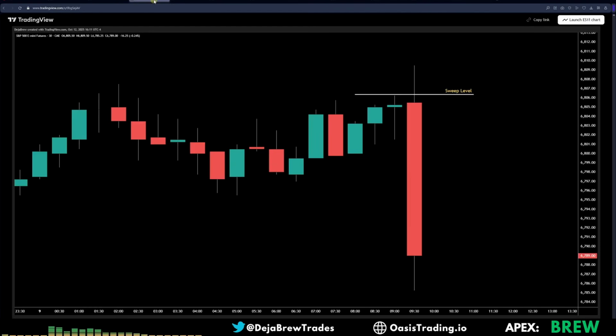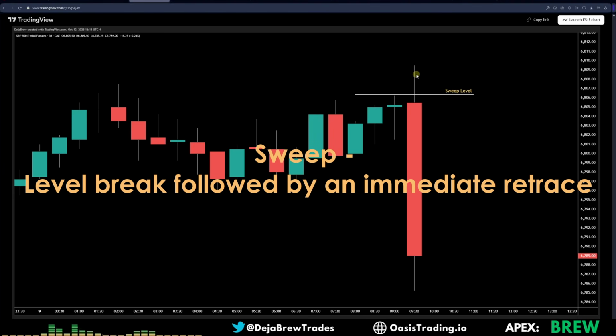All right, moving on to what you guys have been waiting for, the actual types of trades we can look for with these shifts in structure. So one of my favorite trades to look for is a sweep trade. A sweep in the simplest form is when you are breaking a level.